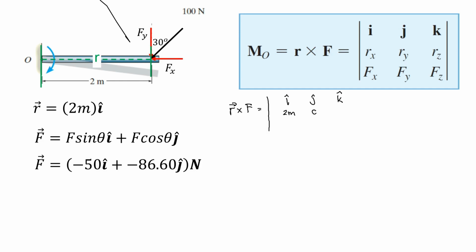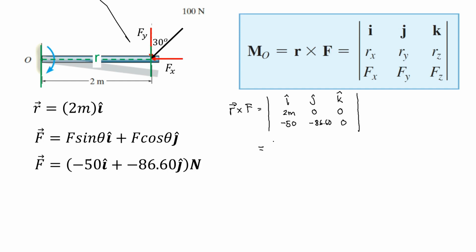And for j, that is 0. And for k, that is also 0. And for the third row, that will be the components of our F. So that is negative 50 for i, then negative 86.60 for j, and 0 for k.